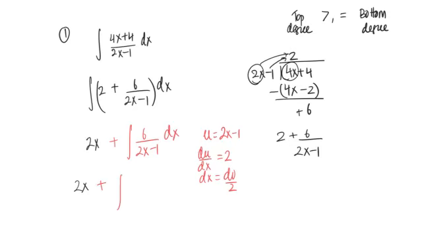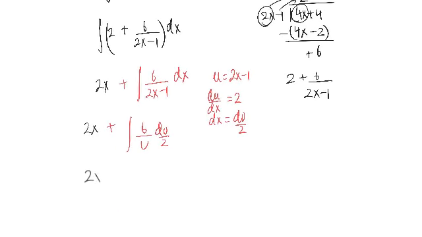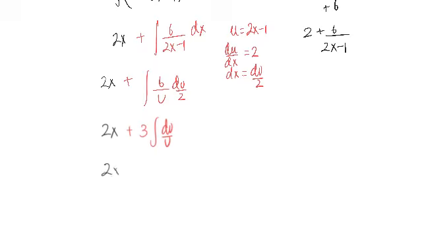So I have 6 over u, and then dx is du over 2. So I'm going to end up with 2x plus 3, and I can pull the 3 out, du over u, which means this is 2x plus 3 ln absolute value of u.